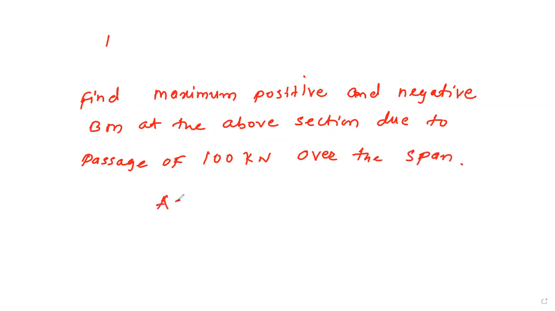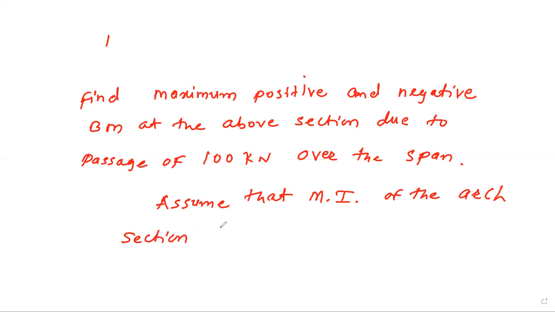Next line. Assume that moment of inertia MI of the arch section varies as the secant of the slope.